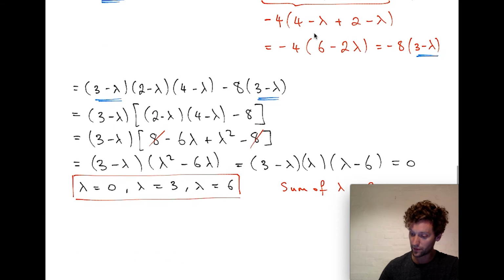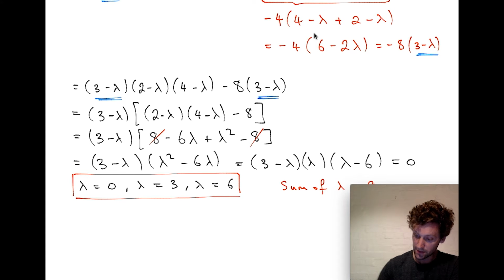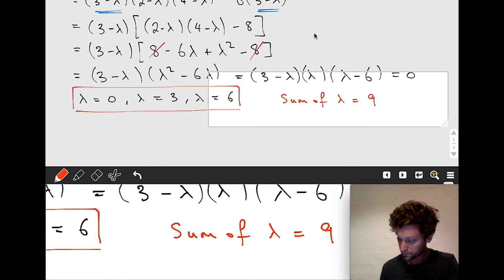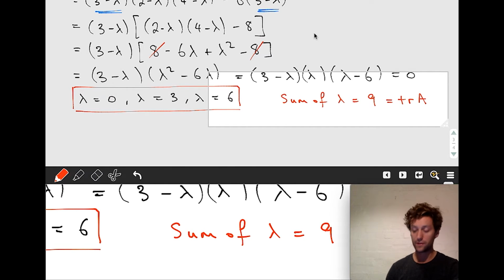So we found that the sum of the eigenvalues is equal to the trace of my matrix. That's just a little confidence builder that we've got the right eigenvalues.